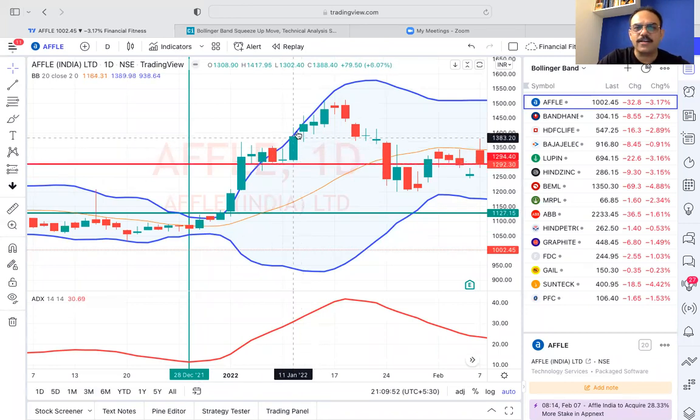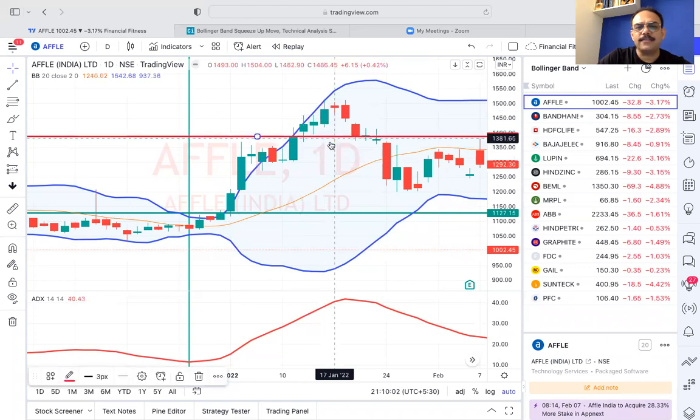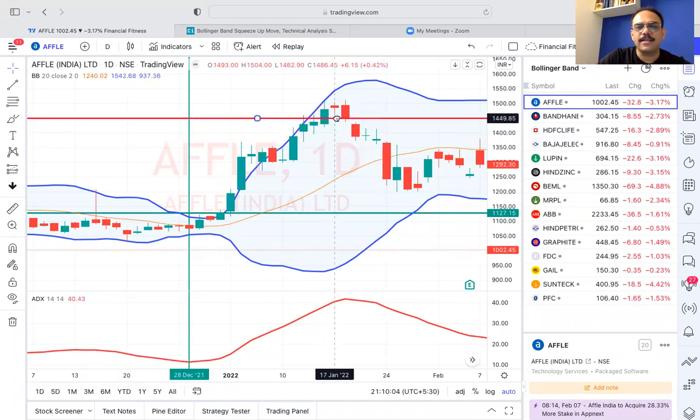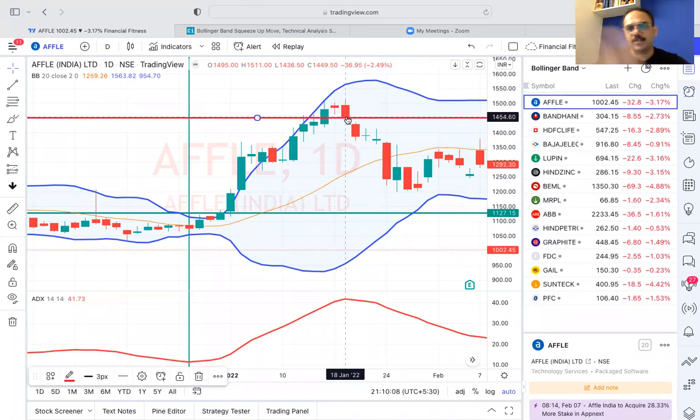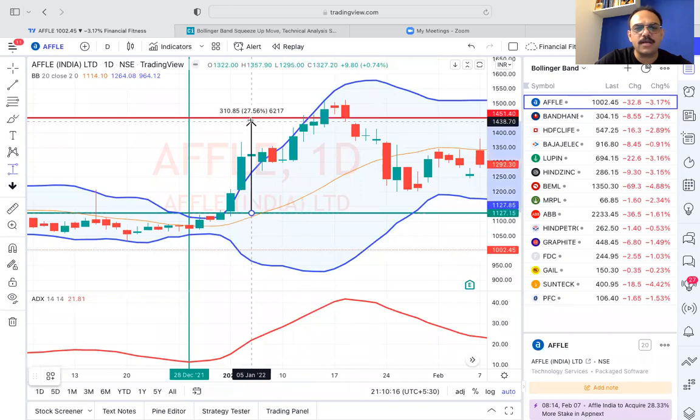But next day it did not hit, it went up again, it started touching the upper band. We don't do anything. As soon as it stopped touching, we again move and keep trailing. So we will keep trailing here, here, here, and subsequently this day we would exit. Such opportunities, when they break out, give a decent return.